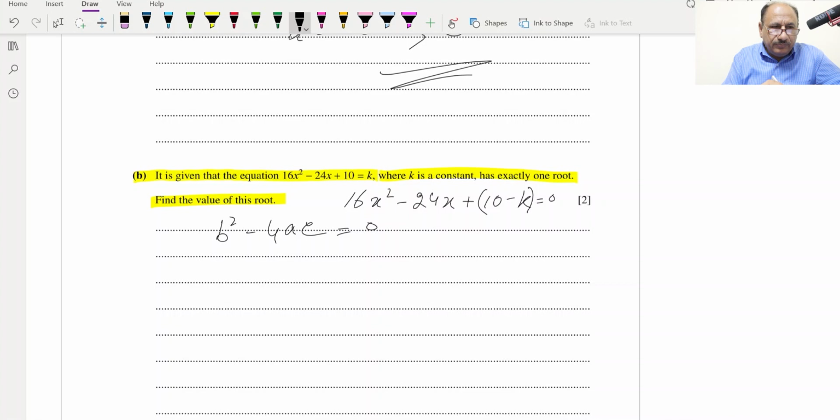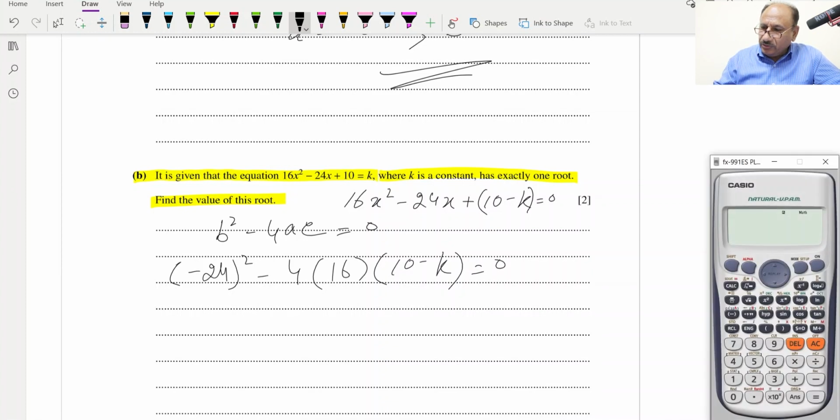So we can write b squared, it will be (minus 24) squared minus 4 into a is 16, and c is 10 minus k, is equal to 0. Further, we can just take the square of 24.